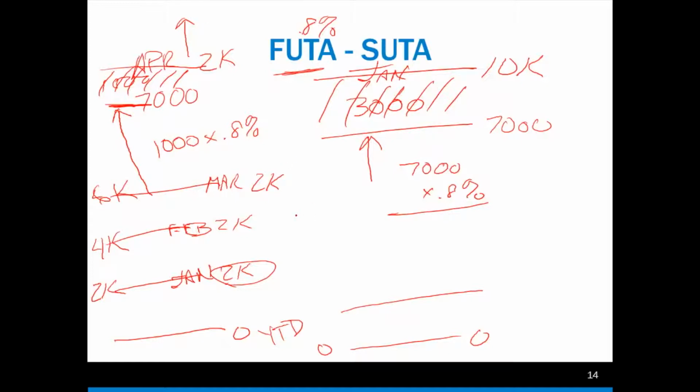So you can see that the FUTA and SUTA is really kind of important, because you get new employees during the course of the year. If they start out, say, in June, you have to start keeping track, because they can quickly get up to the $7,000. Or if they're not paid that much, think about it: $400 a paycheck into $7,000.